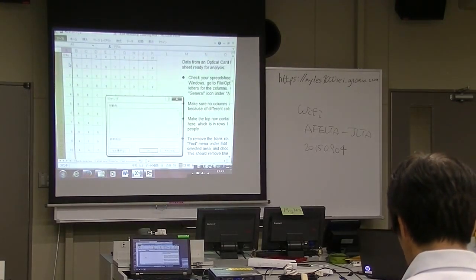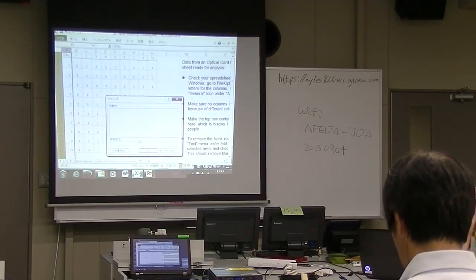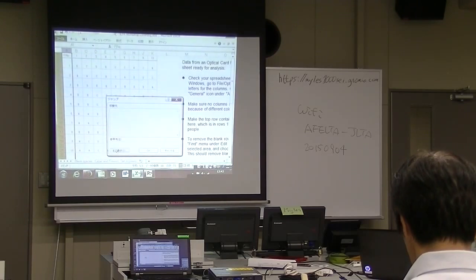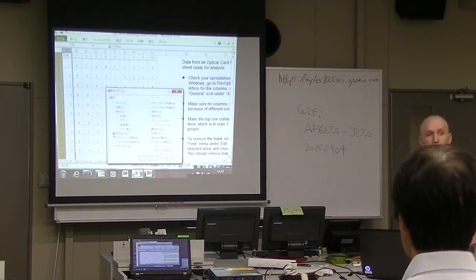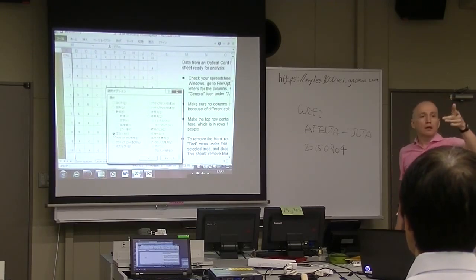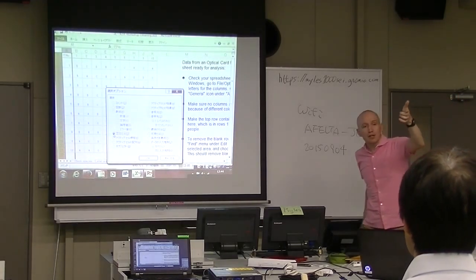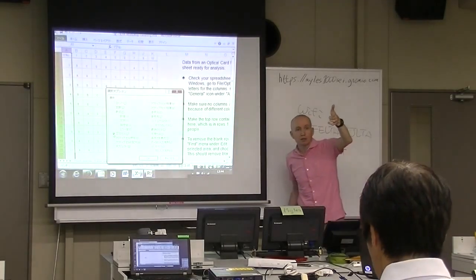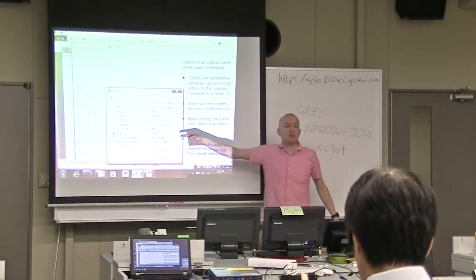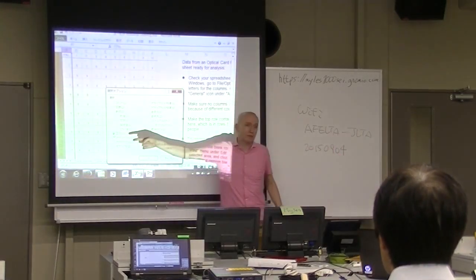F5. There we go. Blank cells. What is your operating system, Turkish? No, it's in English. Okay, it's blank spaces.